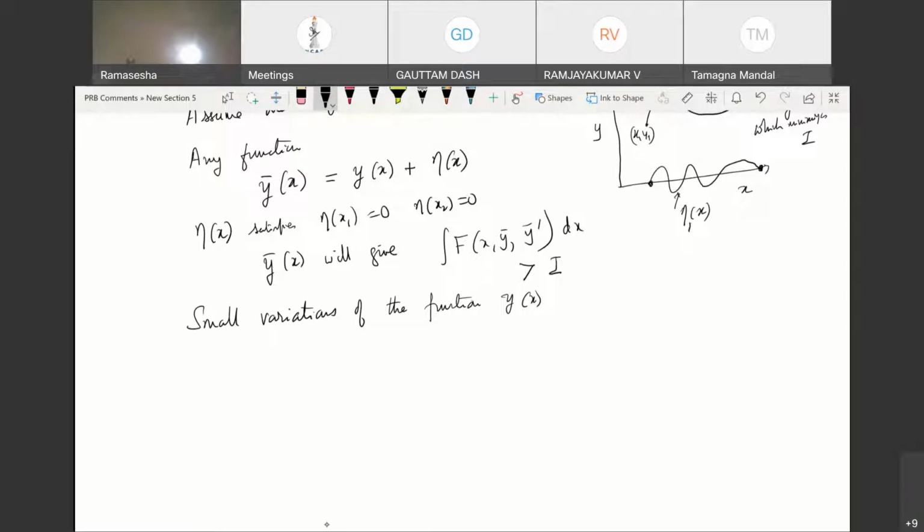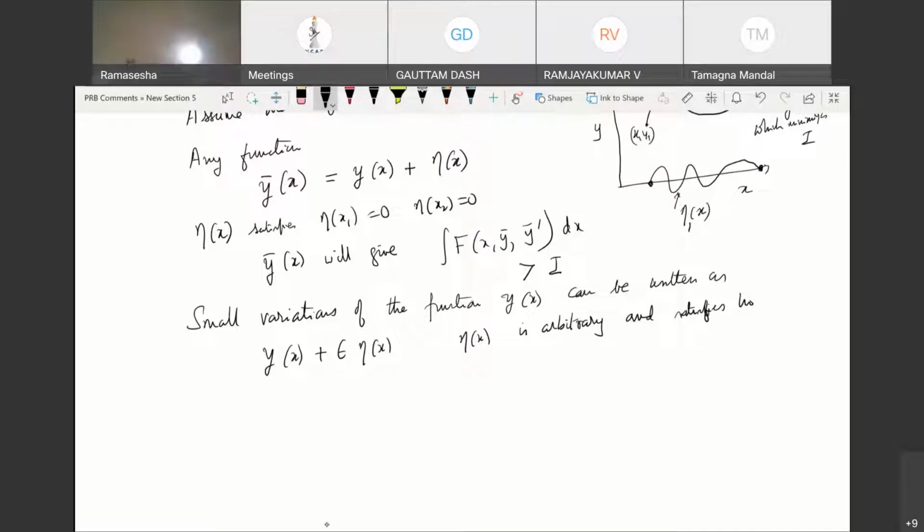Eta of x is arbitrary and satisfies homogeneous boundary conditions at x1 and x2.